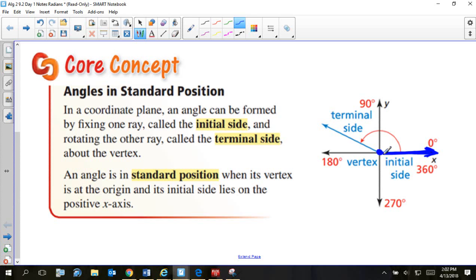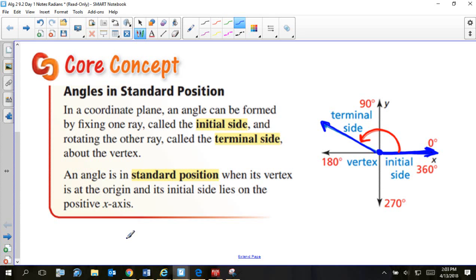What if I go to my initial side and I rotate to here? 90. What if I rotate halfway to 90? 45. But that angle that's being rotated, we're going to show with an arc and then a little arrow that shows which way it rotated. And then when we're done, this side is called the terminal side. That is the side that we stop at.